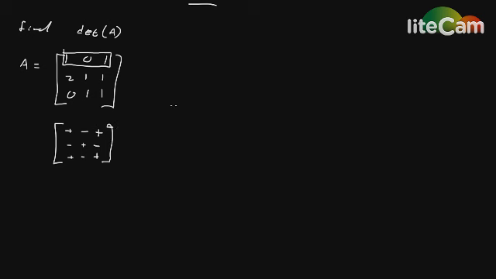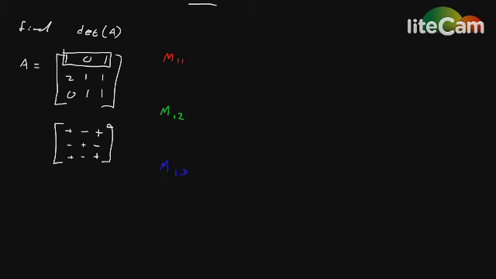So the first thing we want to find is M11, which is the minor of that element. Then we're going to find the minor of this element, which is M12. And then we're going to find the minor of this element, which is M13.